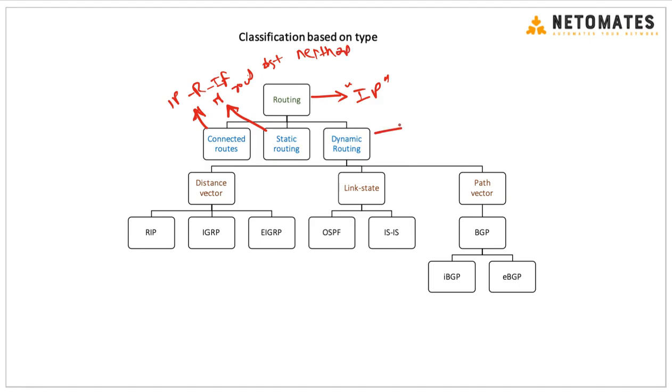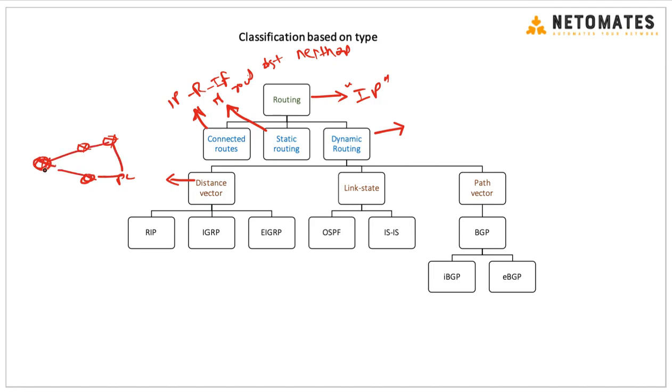So another way is dynamic routing. In dynamic routing we can classify into three sections based on the type of routing. One is distance vector. Suppose there is a router here, router here, router here, and there is a PC.